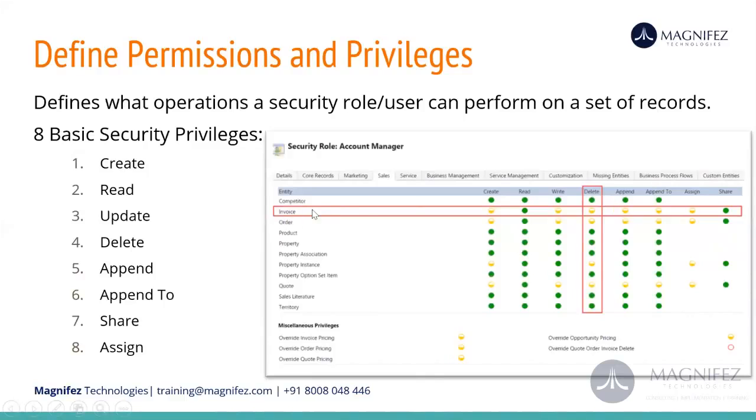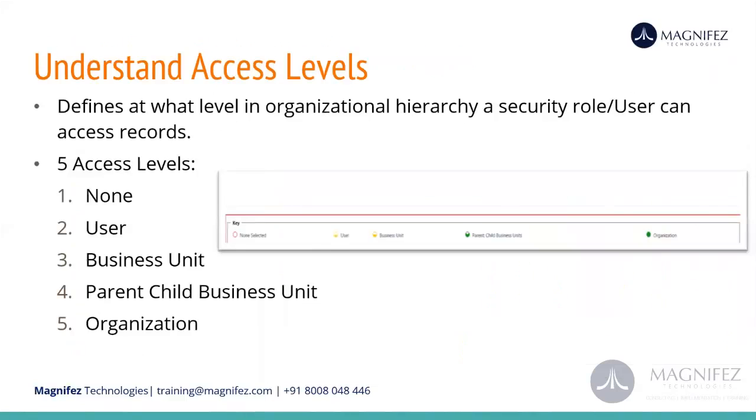If I look at invoice and delete over here, each of these bubbles indicates something. We'll explain that. Privilege means what operation a user or a security role can perform on a set of records in your CRM system.